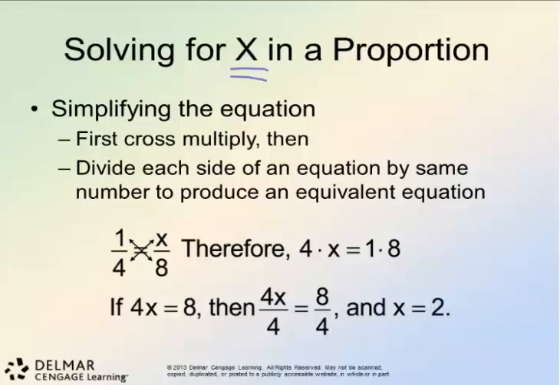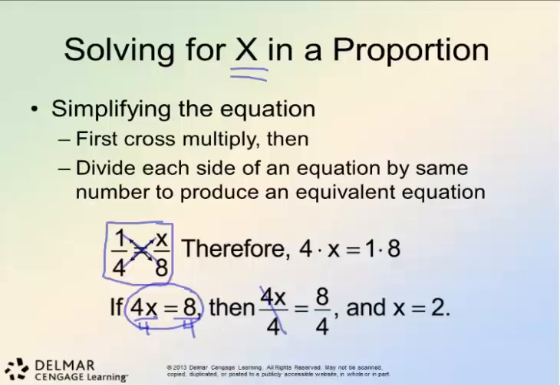So here's one example, and we'll try to do another one as well. If we had 1/4 is equal to x over 8, well, one way to find that x is to multiply the extremes to get 8, multiply the means to get 4x, and then you have the equation 4x is equal to 8. So if we want to isolate the x, since it's 4 times x, we would divide both sides by 4, as they did here.